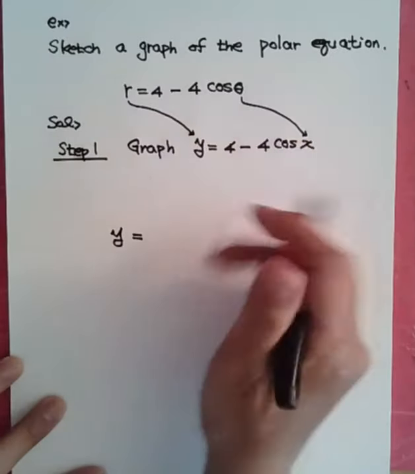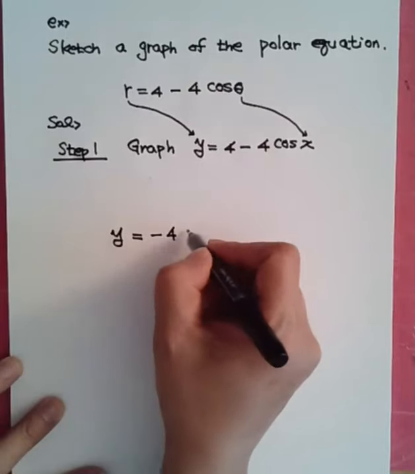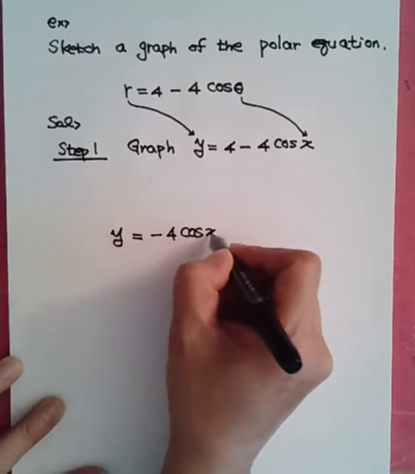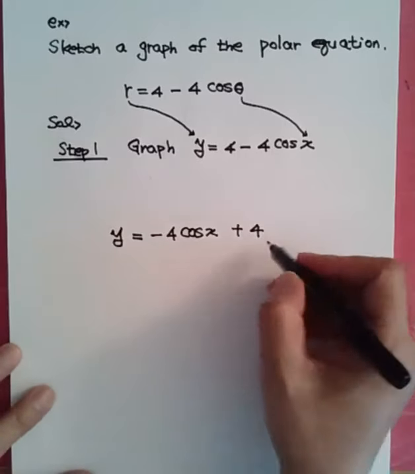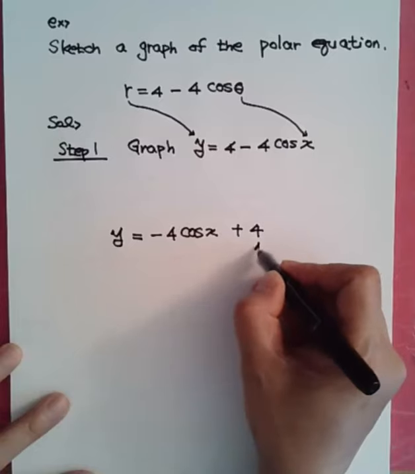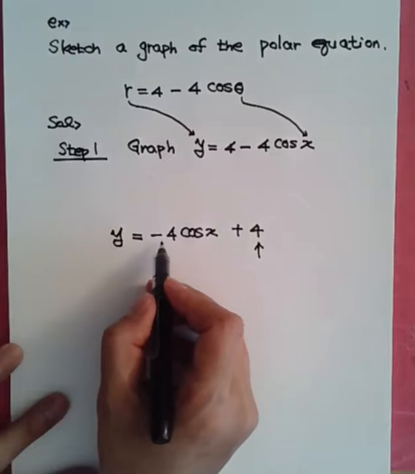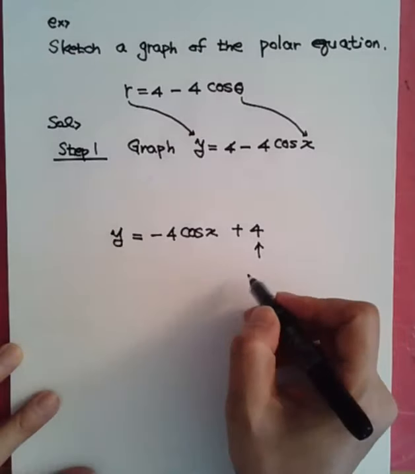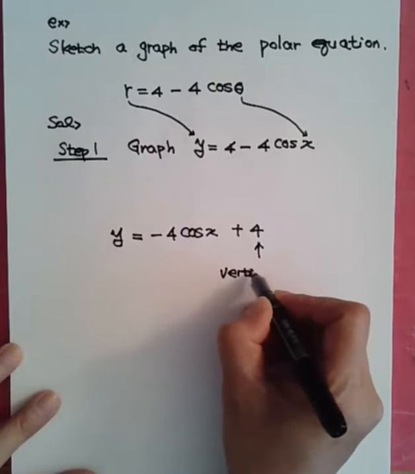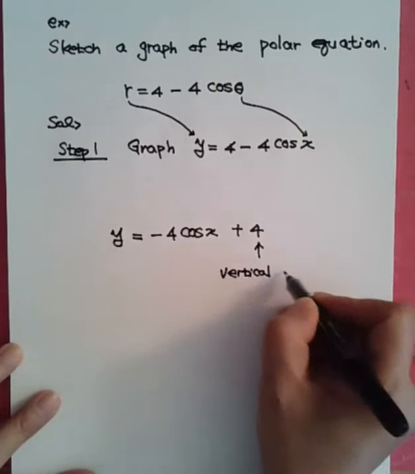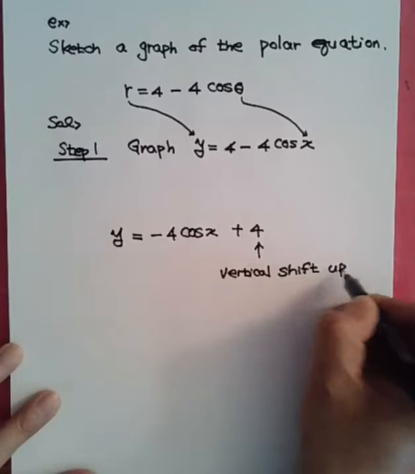The given function can be written as y equals minus 4 cosine of x plus 4. This 4 is added to the function y equals minus 4 cosine of x. So there is a vertical shift up 4 units.